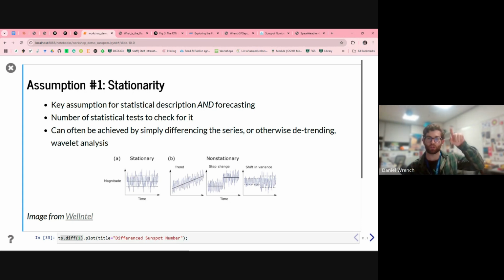So avoid large shocks, which you occasionally get in the solar wind, or fast wind and slow wind have different properties. So you can also just segment your interval and achieve at least quasi-stationarity by doing that.